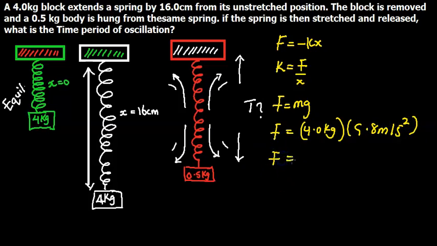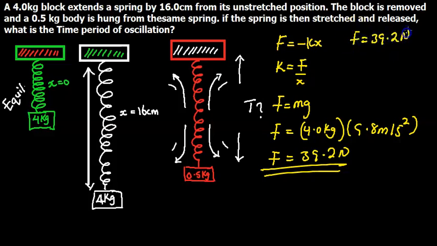If you multiply everything here, our force is simply going to be 39.2 Newton. Now that we have found our force, the next thing we need to do is to find the spring constant.